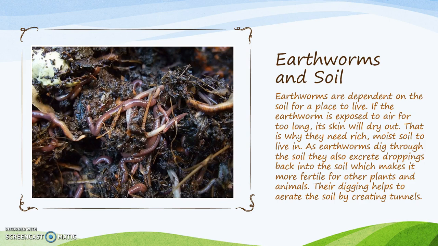But soil also needs earthworms too, and the earthworms do a couple of different things. When they slide all around in the dirt, they make little holes for water to get into, and when the earthworms leave their droppings behind, it helps the soil become even richer for other plants to grow in it.